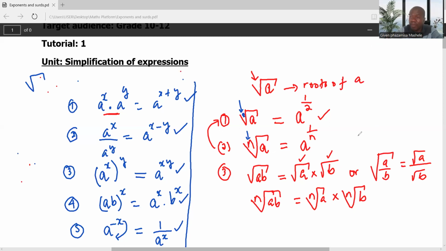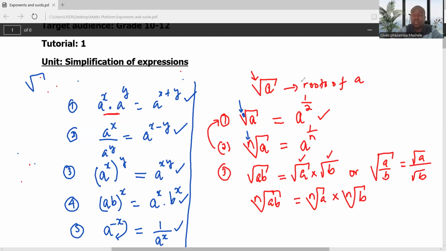The root of a number is that number to the power of half. The nth root of a is a raised to the power of 1 over n. And the root of a times b is the same as the root of a multiplied by the root of b, whether you are multiplying or dividing.